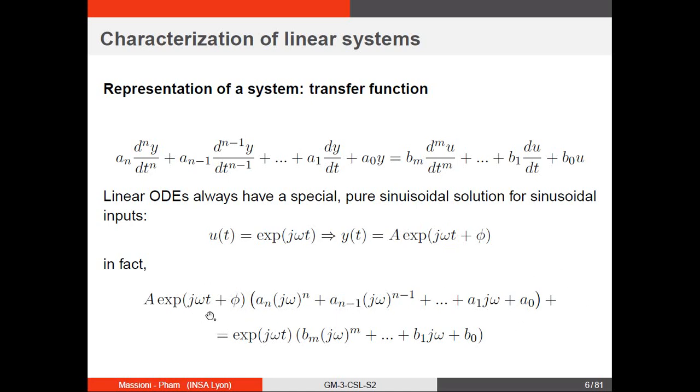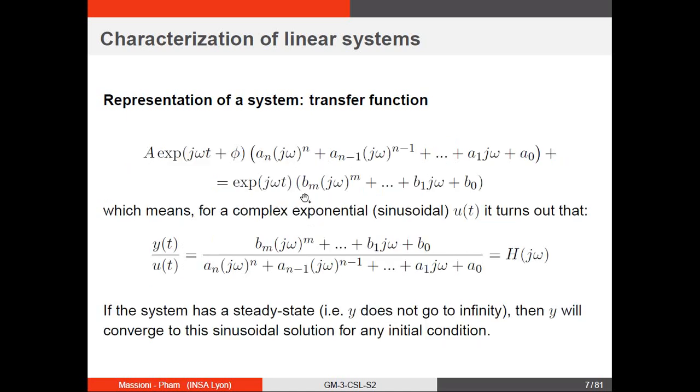And so we are left with this. Is this a solution? Is this solution workable? Yes, it works out if this algebraic equation is satisfied, which basically means that for a given omega, you basically have to fulfill this relation for a and phi such that it is satisfied.